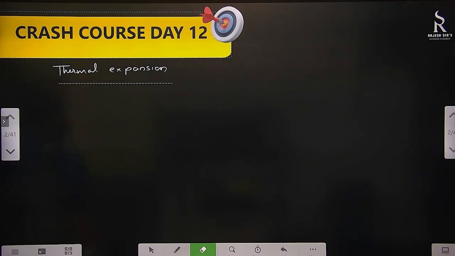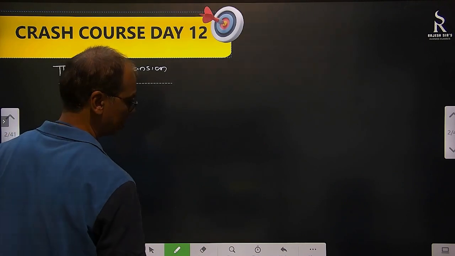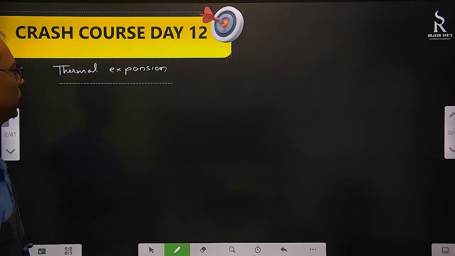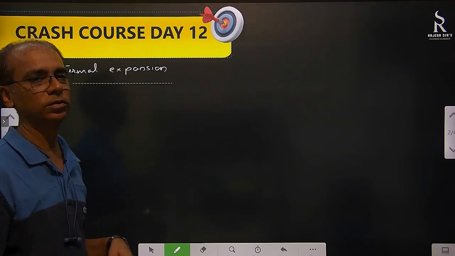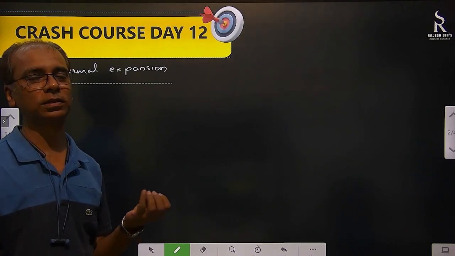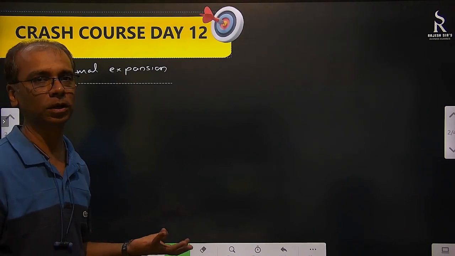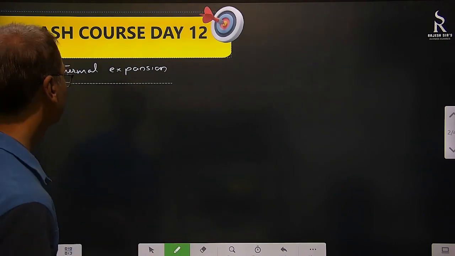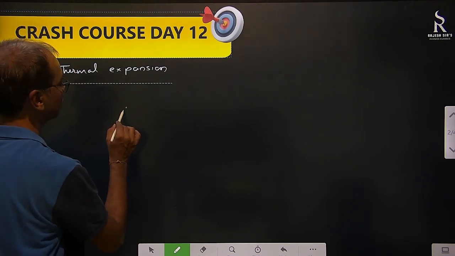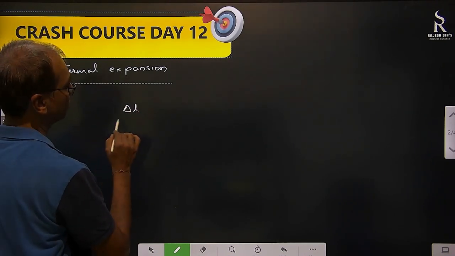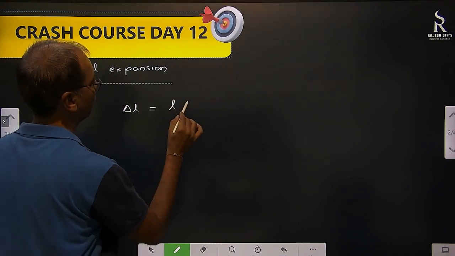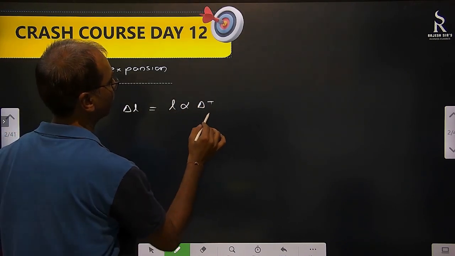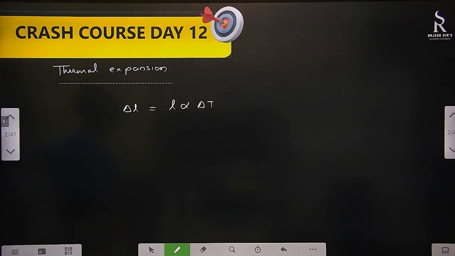So we are starting from here. What we saw in thermal expansion is that there are three types that we study: one is linear expansion, one is areal expansion, and the third one is volumetric expansion. The change in length because of the change in temperature, we said, is equal to L alpha delta T, where alpha is the coefficient of linear expansion.